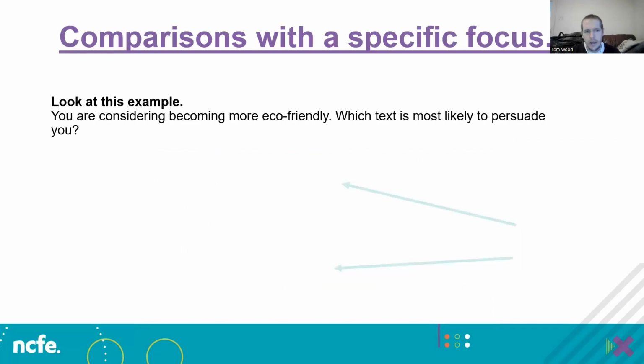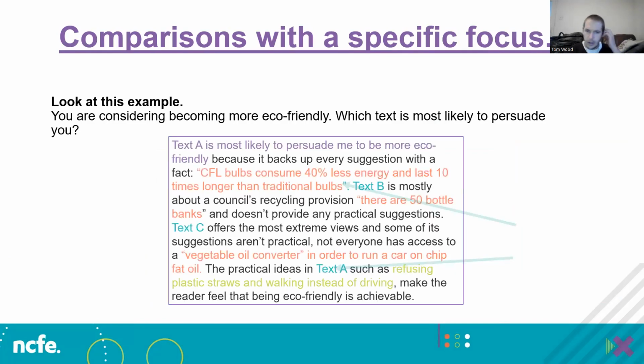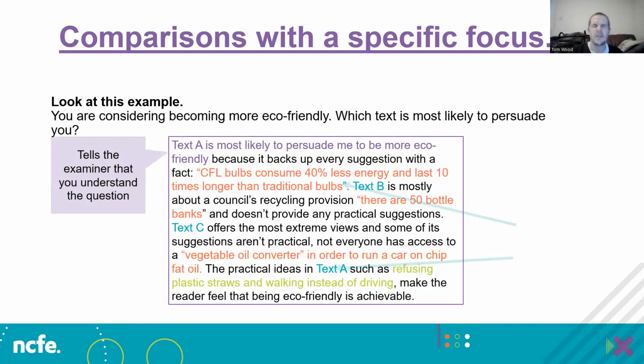Another example here: you are considering becoming more eco-friendly. Which text is most likely to persuade you? So again, with this kind of idea, we've got acknowledging the question straight away. Text B is more likely to persuade me because, and here is my first reason.